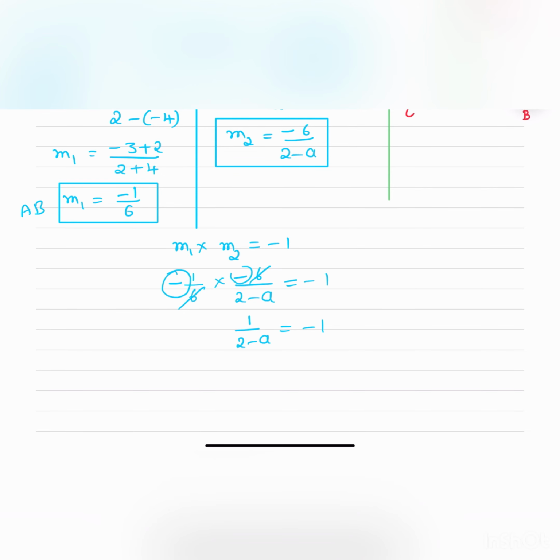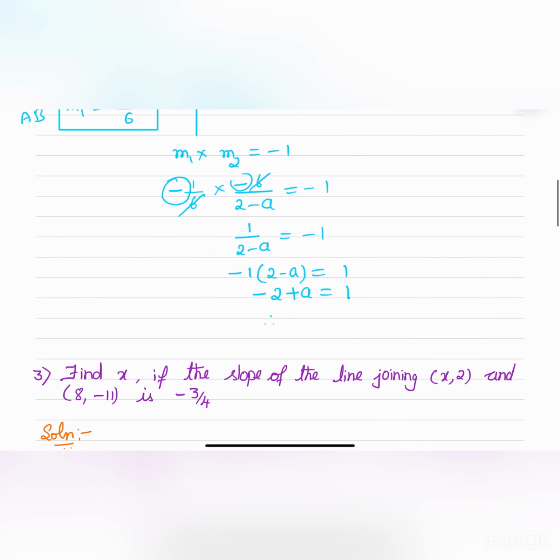If we cross multiply, we get -1 into (2 - a) is equal to 1. -2 + a is equal to 1. Therefore, a is equal to 1 + 2, that is 3.